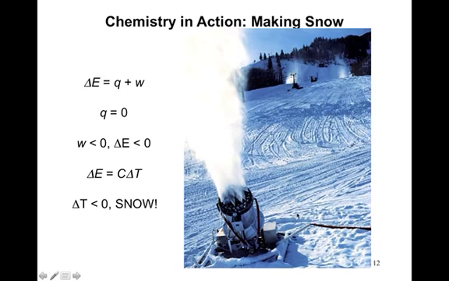And what they're going to do is take water and like air compressors, put a lot of pressure behind that water, and they kind of blast this pressurized, already cold water up high into the air. And when it's up there, it sort of freezes and falls as snow. So it works all right to make snow on some slopes. It is expensive, but it's just kind of an example of applied thermochemistry.